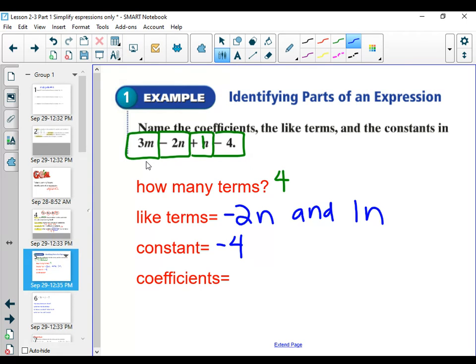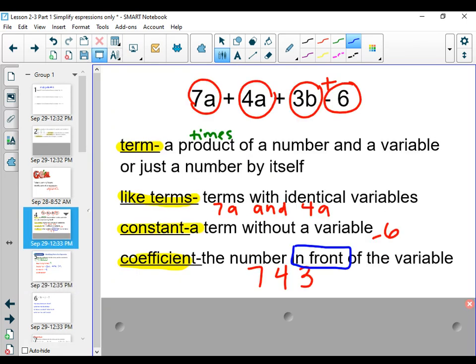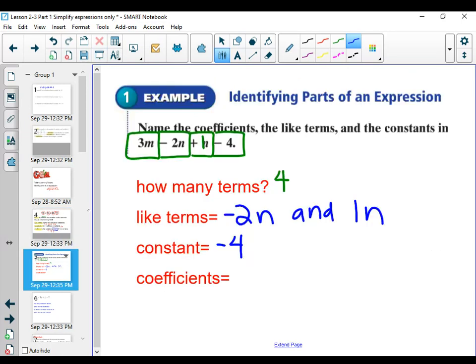And then coefficient. The number in front of a variable. What's in front of m? 3. What's in front of n? A negative 2 and a 1. Always look back at those notes.